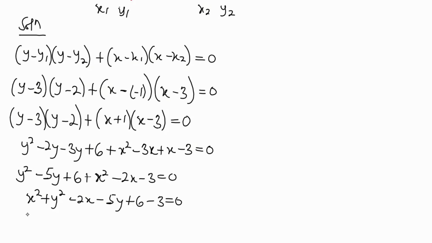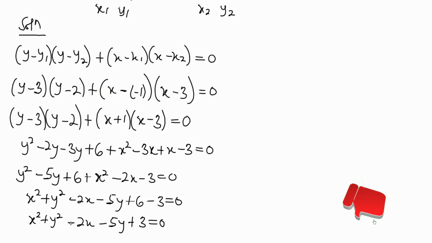So at the end, we should have x squared plus y squared minus 2x minus 5y, and then 6 minus 3 gives us plus 3, which is equal to 0. So the equation of a circle given the ends of the diameter now is x squared plus y squared minus 2x minus 5y plus 3, which is equal to 0.